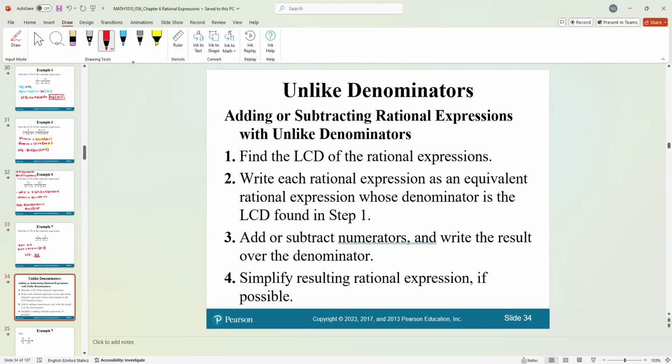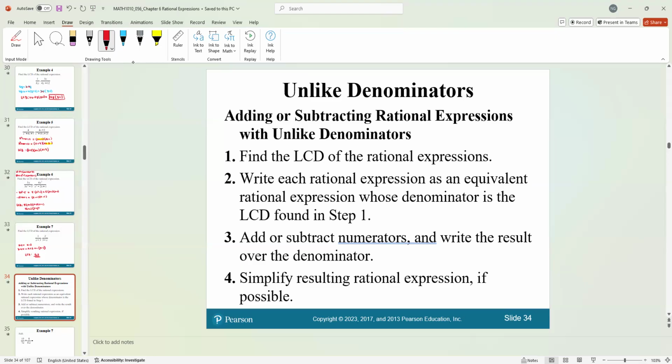To add or subtract rational expressions with unlike denominators, that means the denominators are not the same. We write each rational expression as an equivalent rational expression so that the denominators are alike. First, we do our best to identify the LCD of the rational expressions.